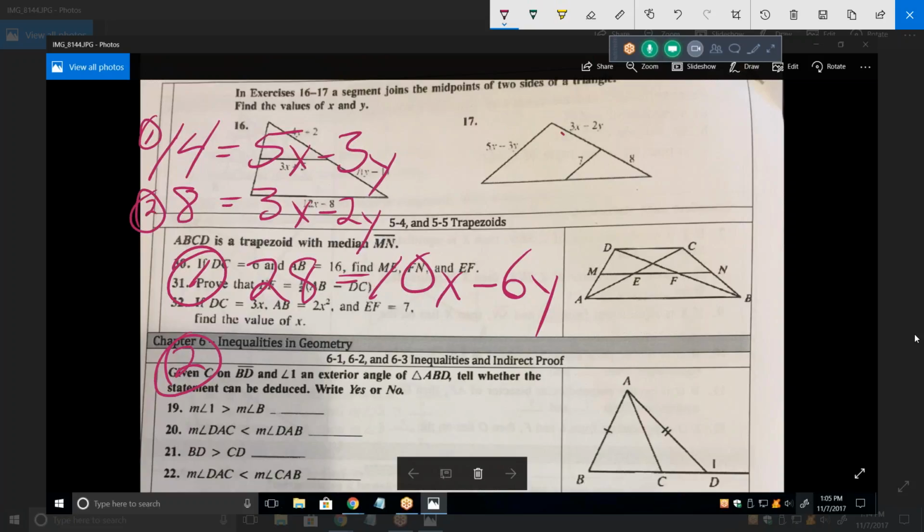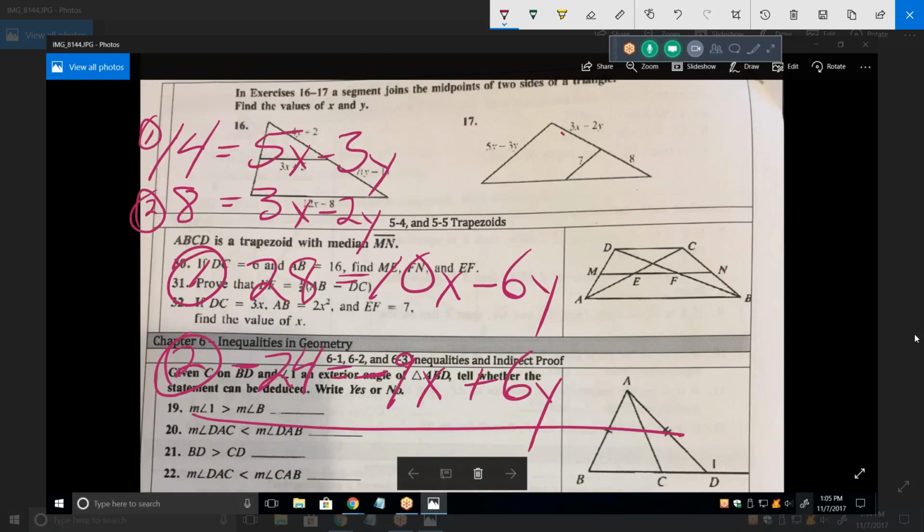So how about we multiply it by negative 3? Here's what happens when I multiply both sides by negative 3. That turns into plus 6y.